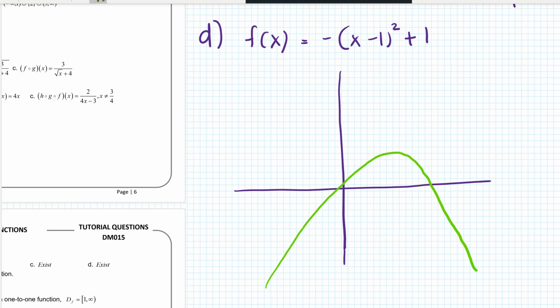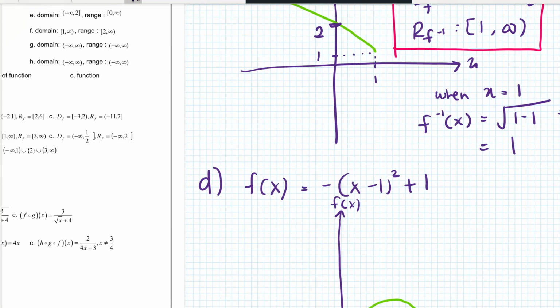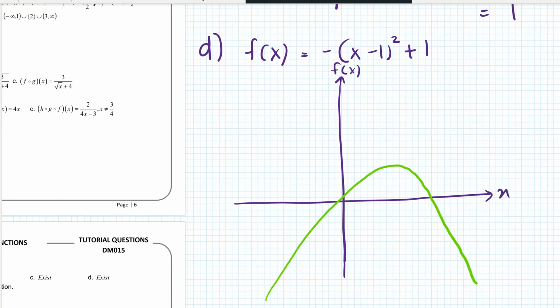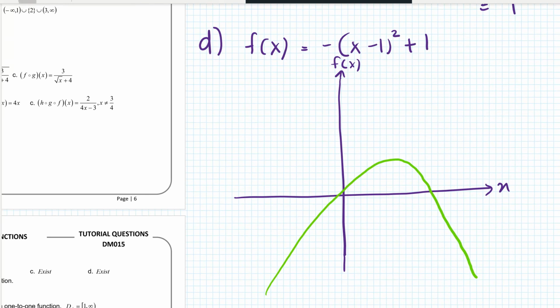So this is the graph of f(x), and the graph of f inverse(x). We start with the maximum point here, which is (1, 1), and this one we have 0, and this one we have 2. So this is the graph for the quadratic function.